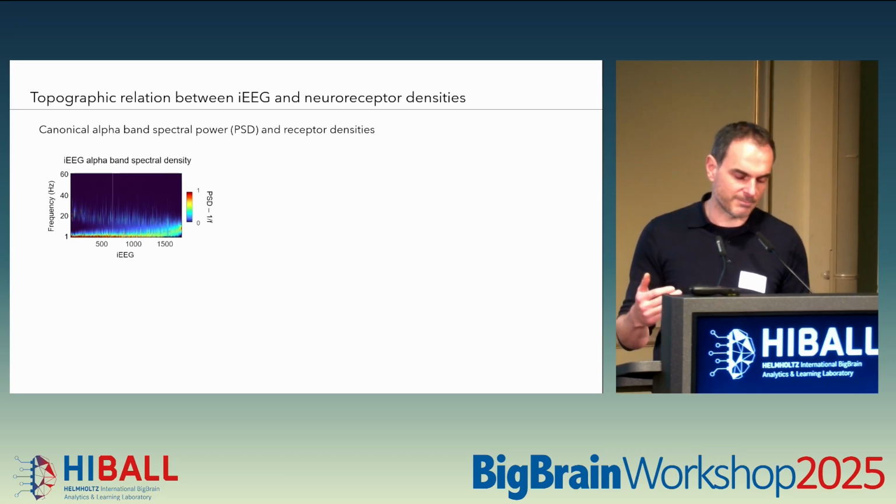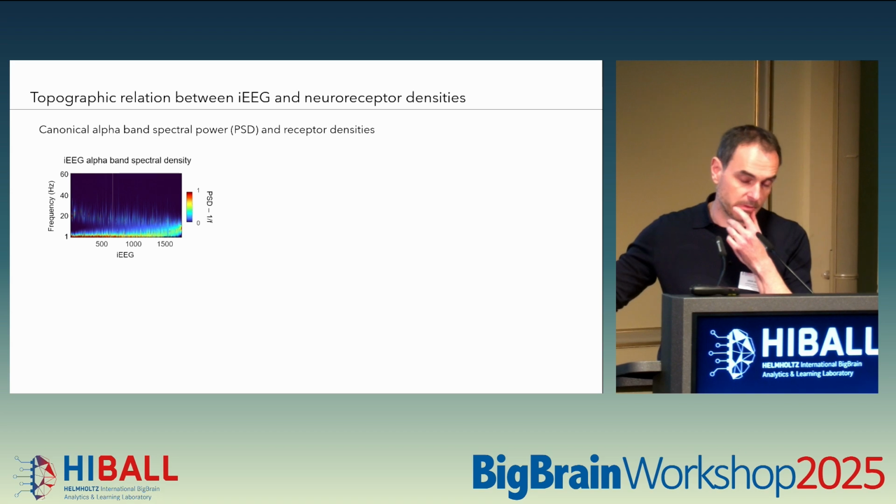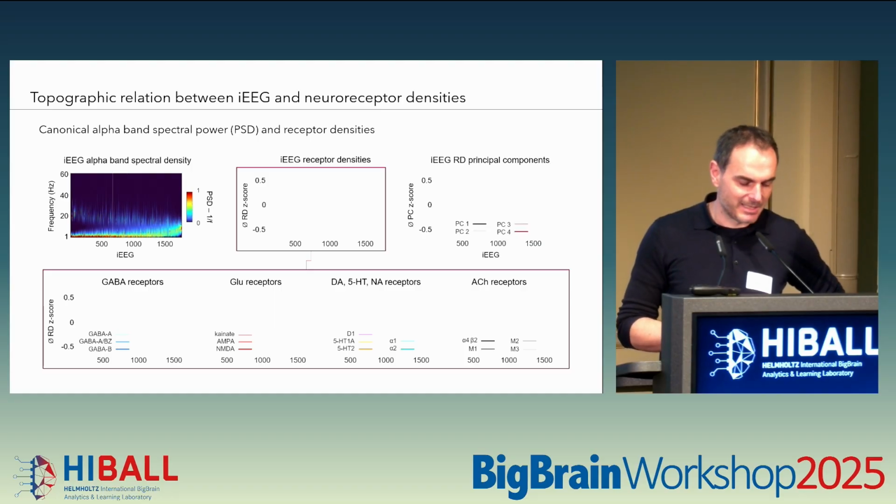What we also saw, and I'm sorry, you can't see the next bits, which is unfortunate. But what I wanted to show here is that you actually have good correlation between the power in the alpha band spectral density, which is shown here, and the different receptor densities.